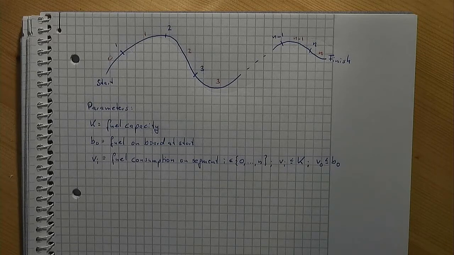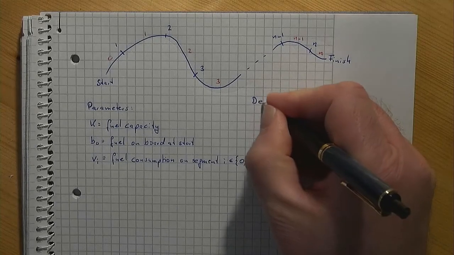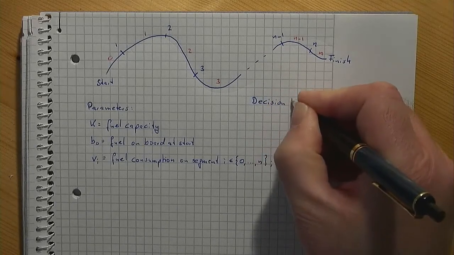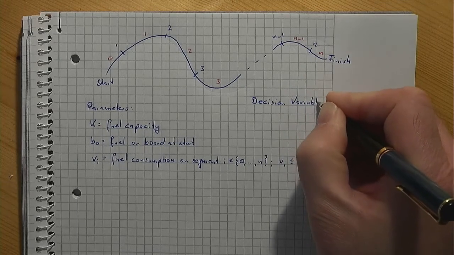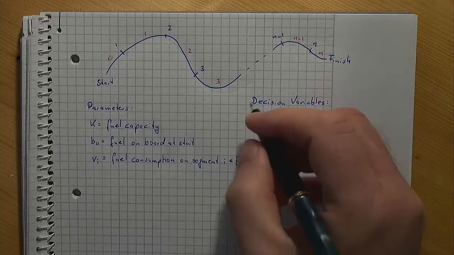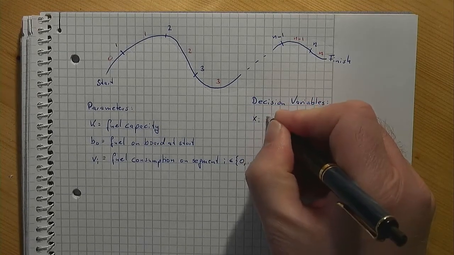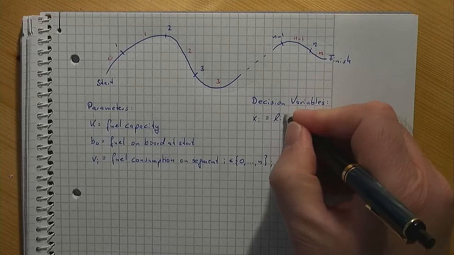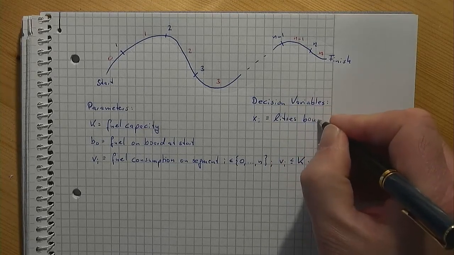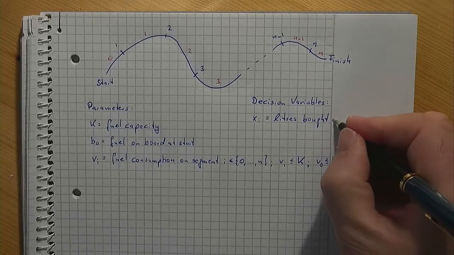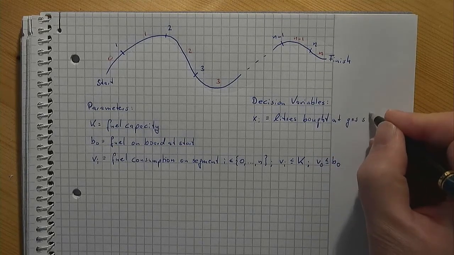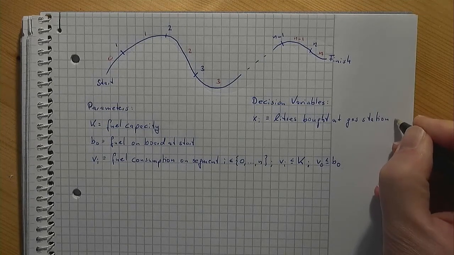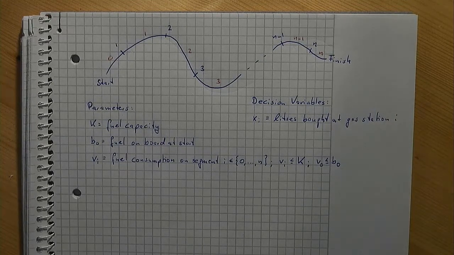This is a decision variable, and the value 0 means that we do not make a stop at that gas station. The price per liter is pi at gas station i.